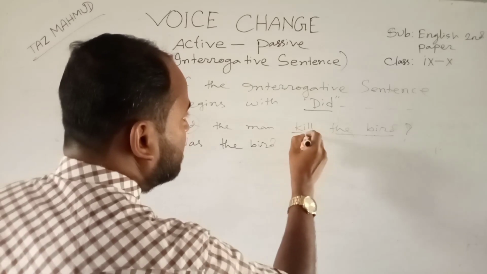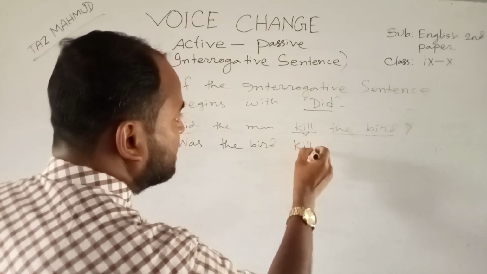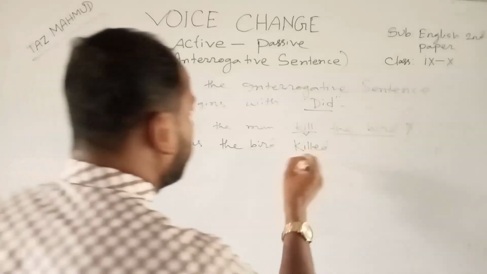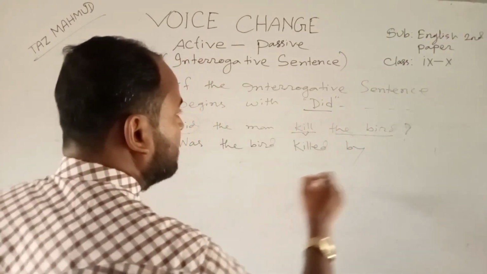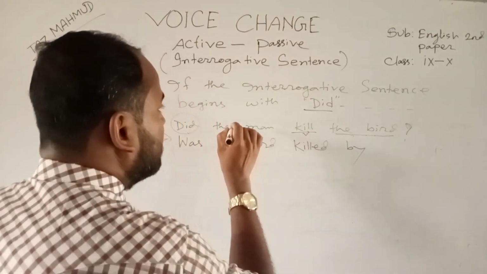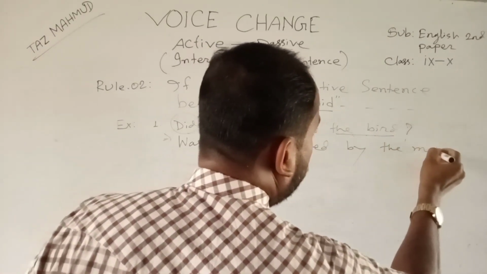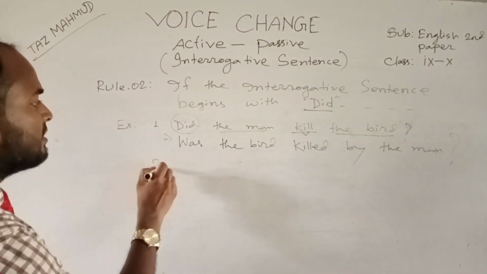Then the past participle form of verb. This is the present form of verb, but the past participle form of verb kill is killed. Then there is no extension, then we shall write by, and lastly the object form of subject, the man. And lastly we shall use the note of interrogation.